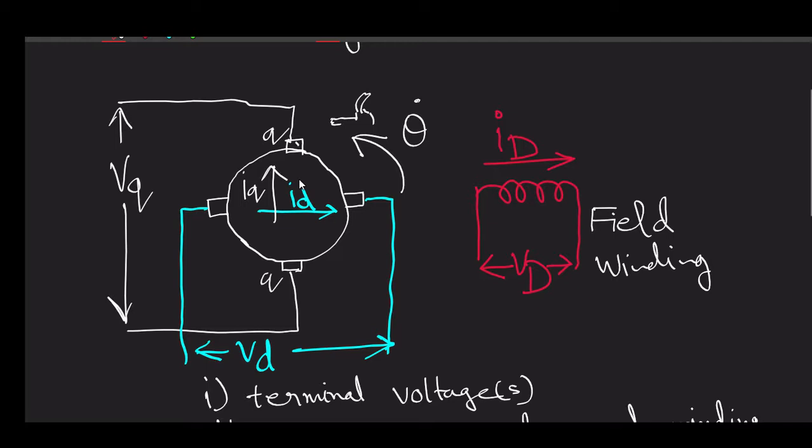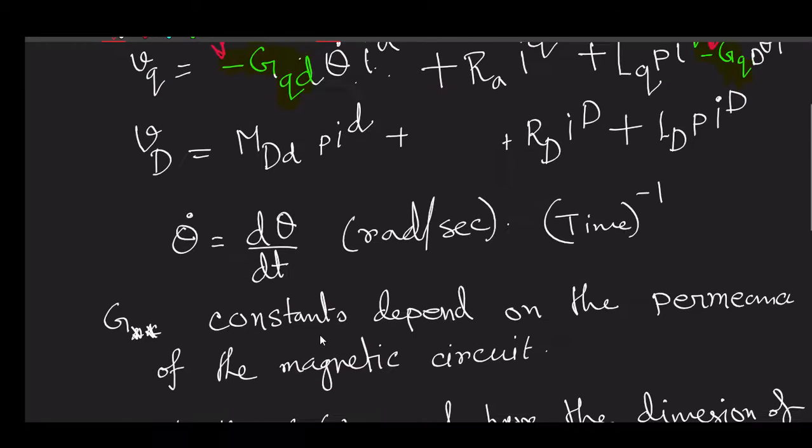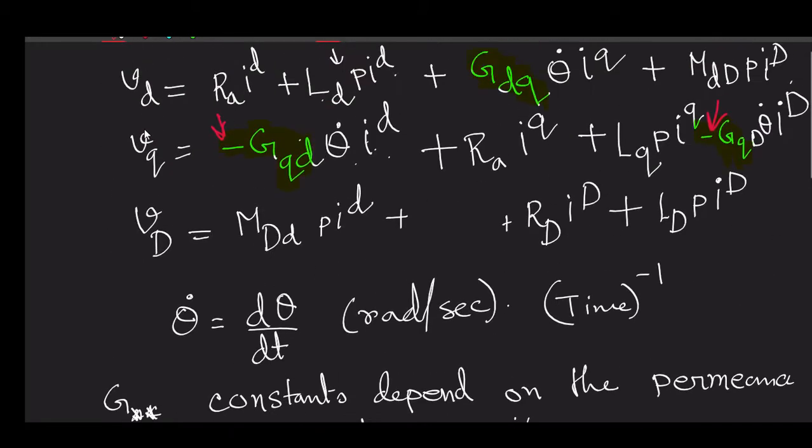Yeah, so basically what we can see here is that this one will act as an aiding voltage for this V_Q. Whatever voltage you will get, it will appear as a plus with this V_Q. So when we write it in the equation, this will appear here as a plus term.